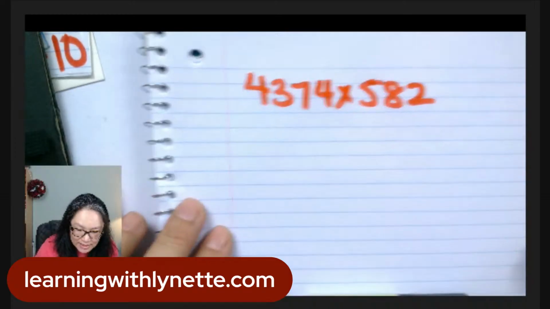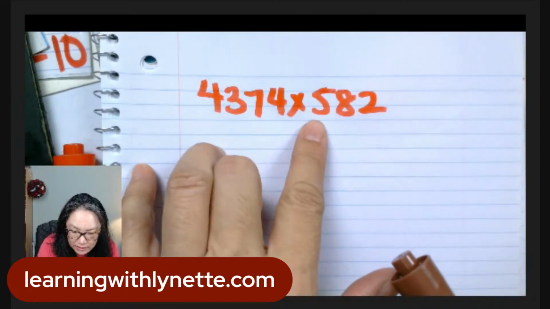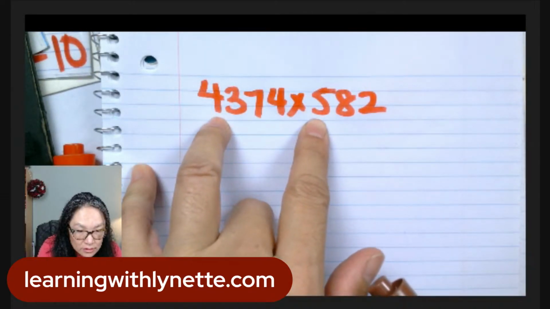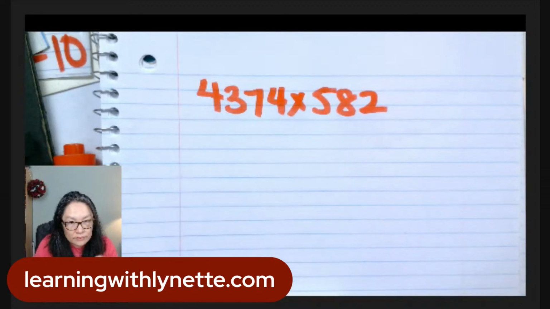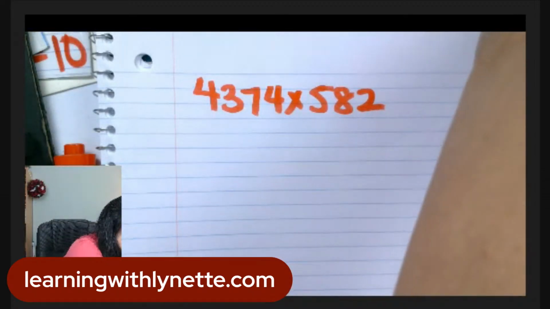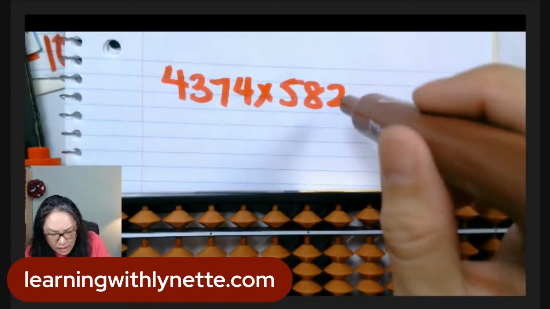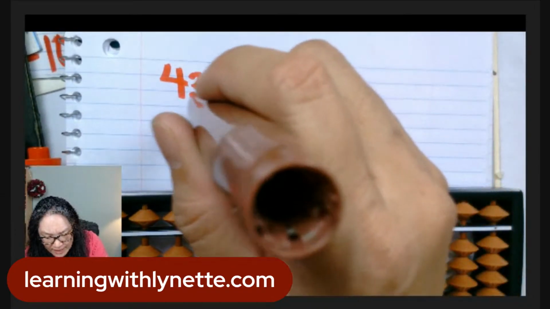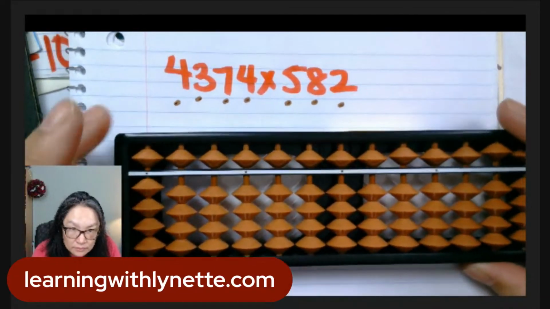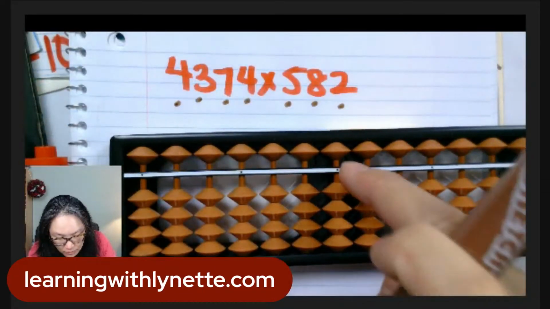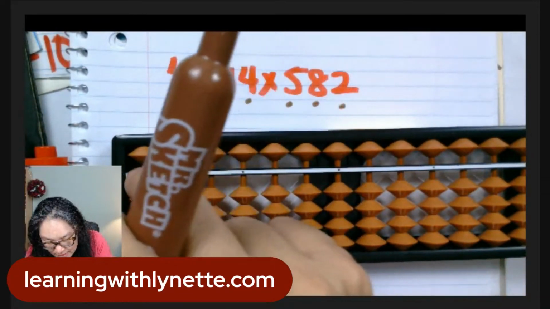We are not going to say 500 times 4,000. What we're going to do is count our digits. 1, 2, 3, 4, 5, 6, 7.